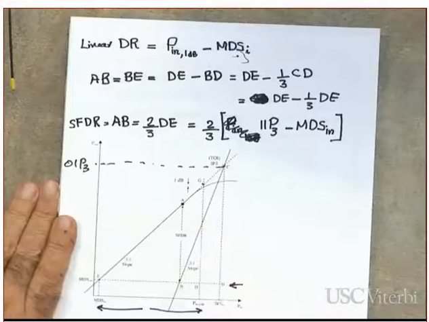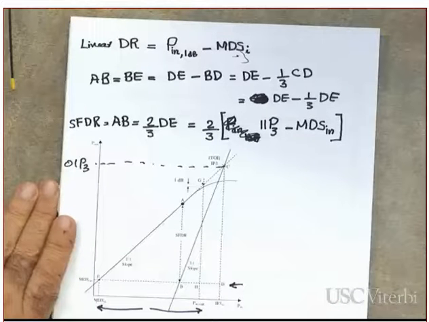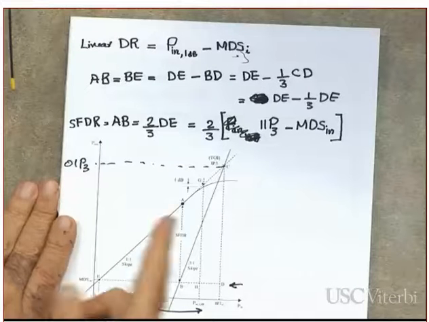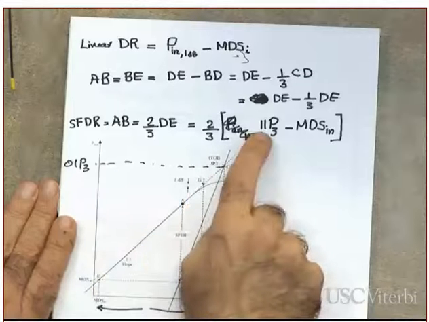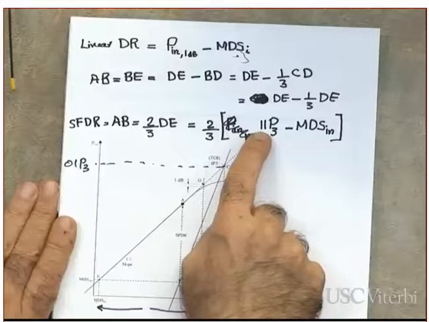If I tell you, find the SFDR, the spurious free dynamic range, based on the second order intermodulation component, yes? Can you tell me how will this change? This becomes what? IIP2. What else changes?